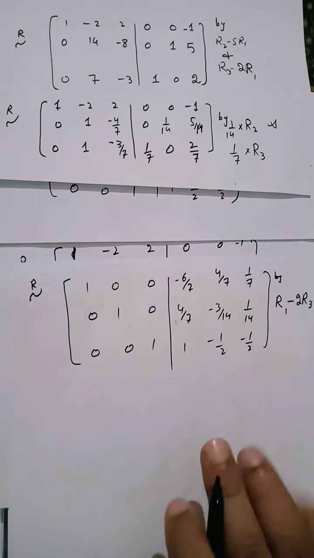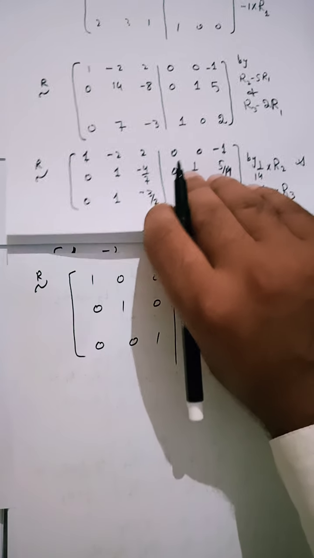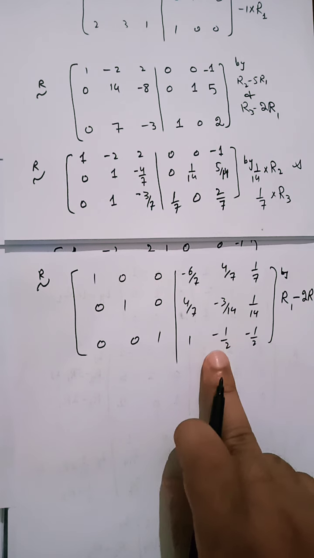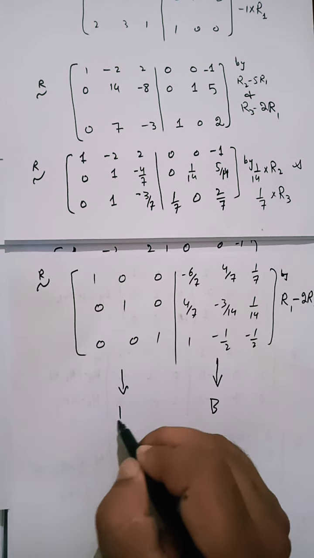So you see that the matrix is converted into this matrix, this is the matrix B, and you see that this is the identity matrix.